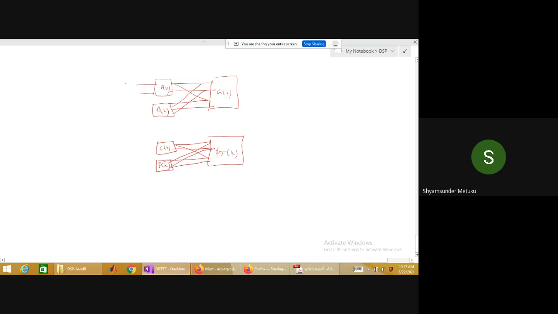So the inputs will be X of 0 and X of 4. Inputs will be X of 2 and X of 6, if I'm right. This is X of 3 and X of 7. Not X of 7, X of 5. This is X of 1, X of 3, and it will be like this. Again you will get the same thing here.